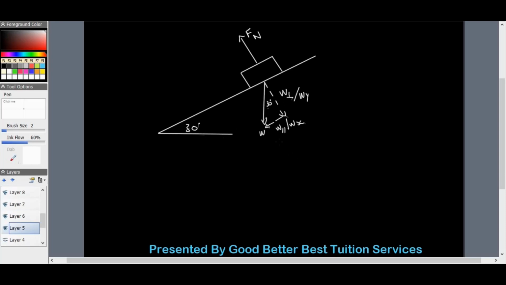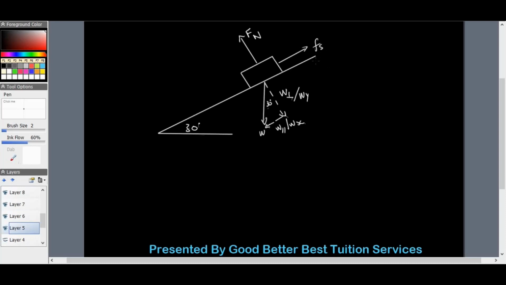And let's just check the other forces that it was in contact with. They gave us static frictional force, so obviously in that direction would be Fs, which would be friction. And we have normal force, we have Wy, we have Wx.